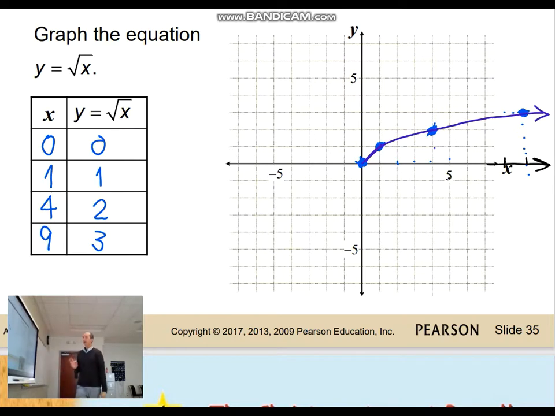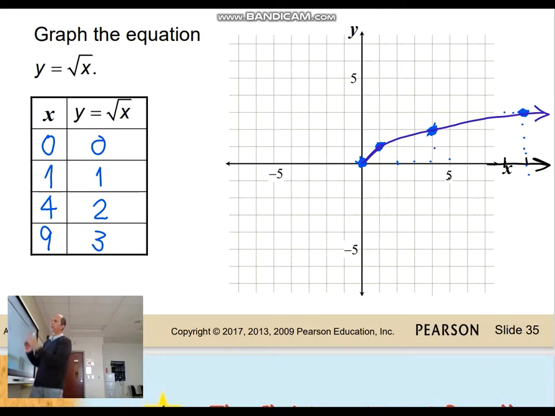What's interesting about the graph of the equation y equals square root of x is that it looks like the parabola laying down, but just half the parabola, not the whole parabola, because you don't have the square root of negative numbers.